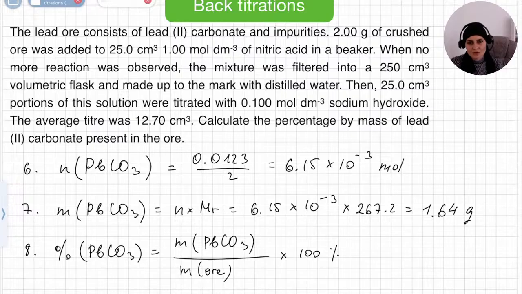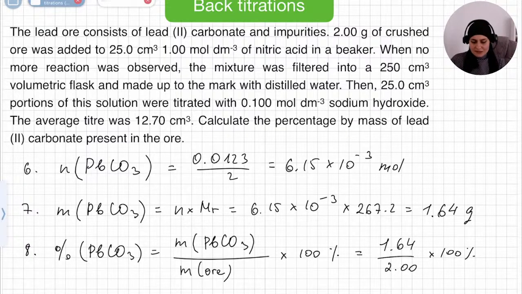The ore is mostly lead carbonate, so at least above 20, maybe even above 50%. Could be below 50, but not 0.1. So 1.64 over 2, that looks good. A decent amount. It is 82%.